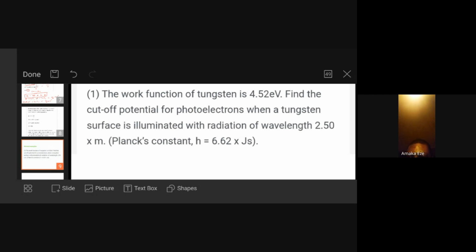Now let's write out the parameters. In physics, anytime a question is given to you, the very first thing you do before you proceed to solve the problem is to write out your parameters. Writing out your parameters will make everything easier for you to do. Now the work function solution.